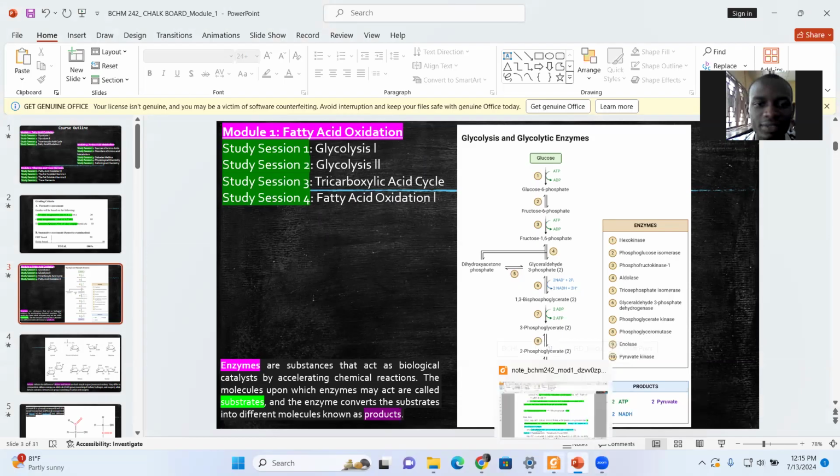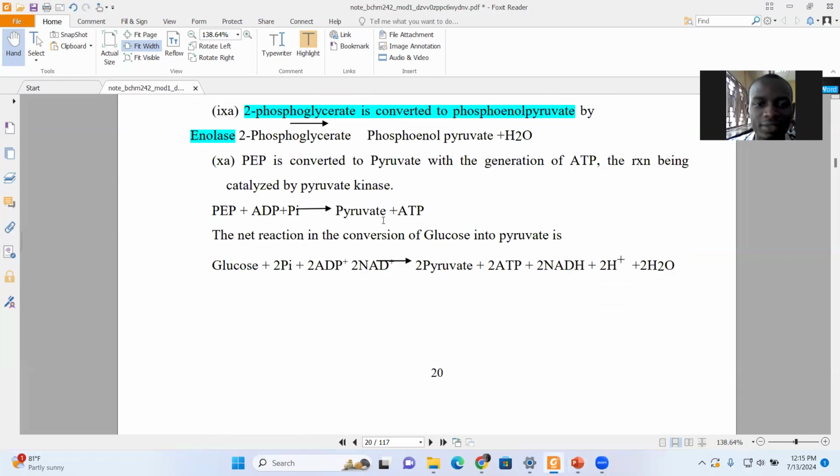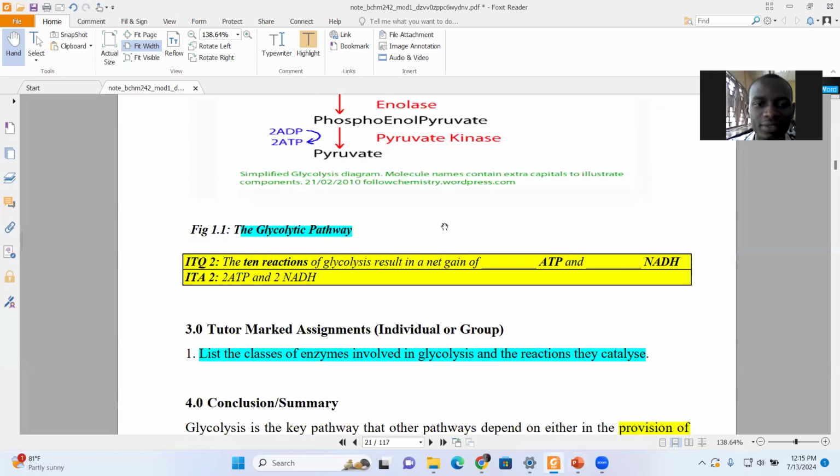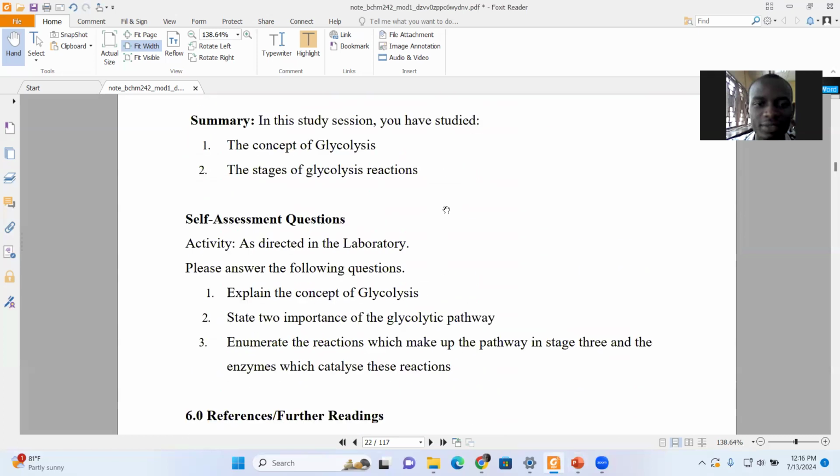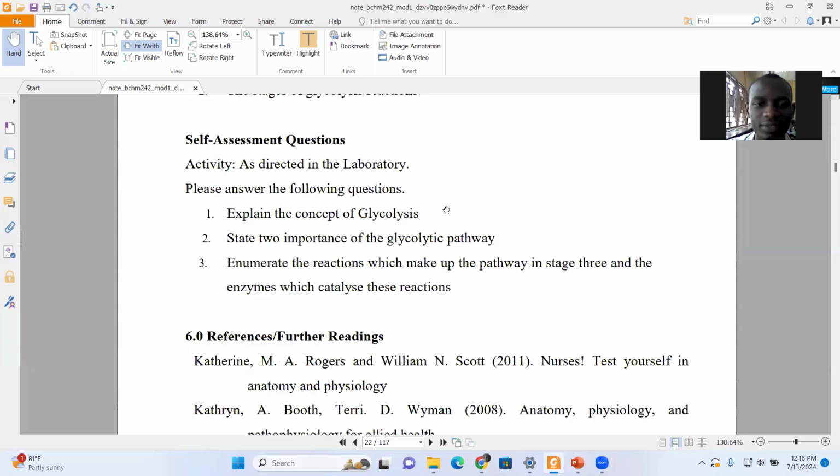So I think you should be able to do this. I'm going to make sure I pass the information to the platform. I'll send it officially as an assignment to the group, so it will be registered on the website, okay? You read the reactions which make up the pathway in stage 3. This is not a big deal also.